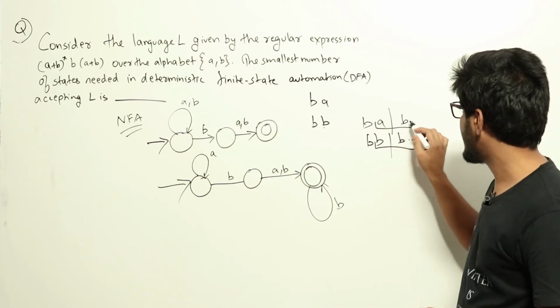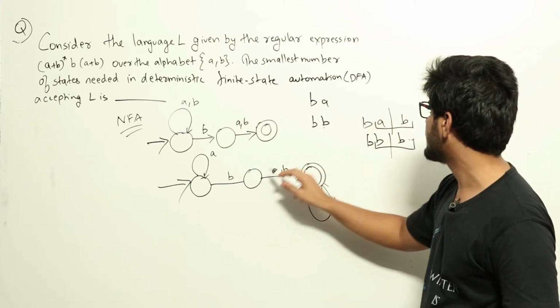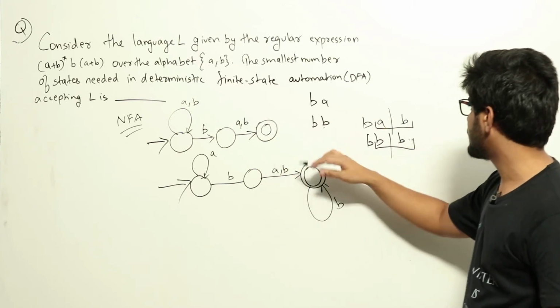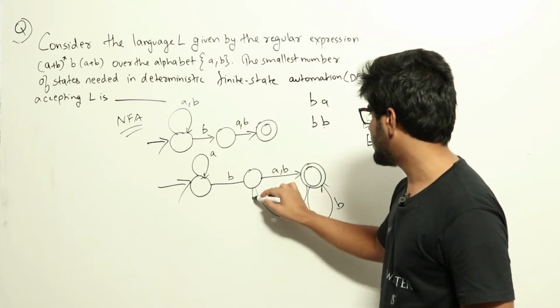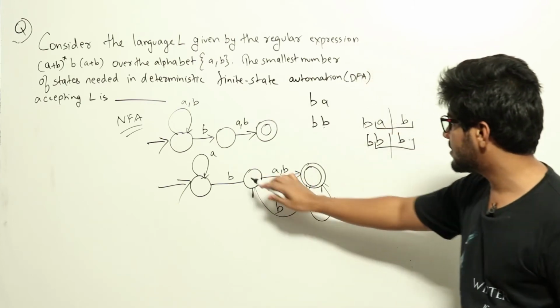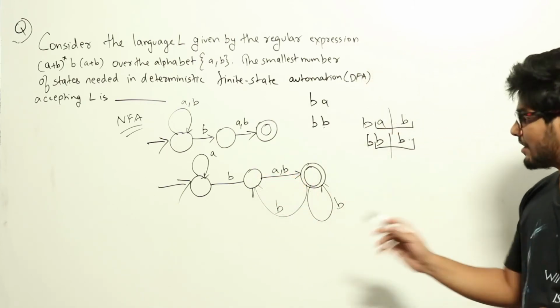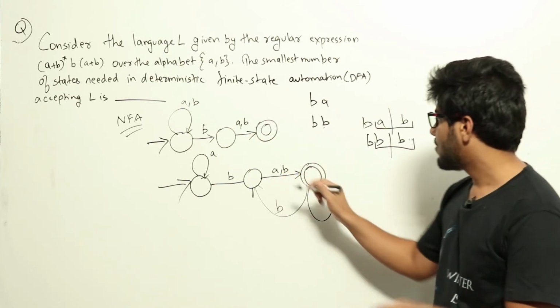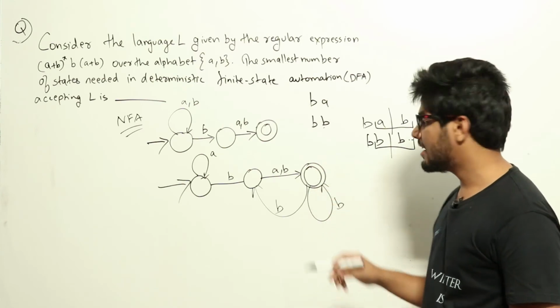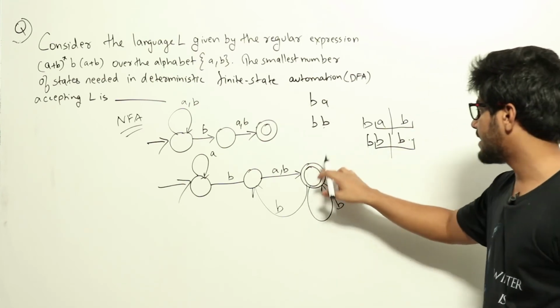So the state which we can go to is this state. We saw one B, so on seeing the next A or B I can accept. So on B itself I need to go to either this state or this state depending on what I saw on arriving to this state. What I saw on arriving to this state, that I need to save. I can't just write it in one state.